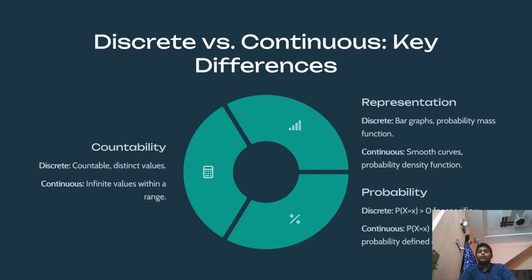Discrete is represented as a bar graph, a probability mass function, whereas continuous is represented by a probability density curve. For discrete, P of X equals x is greater than 0 for a specific value of x, whereas for continuous, P of X equals x is 0 for a specific value of x; probability is defined over intervals.